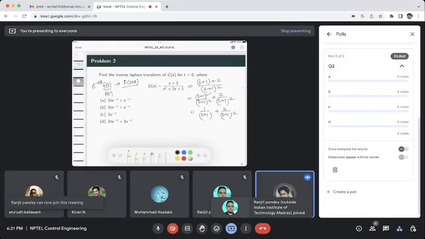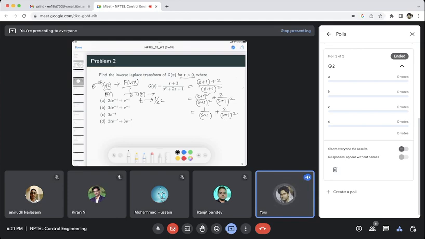Then again you use the Laplace transform property. For t, you know it is 1 by s square, and for u of t, the function starting at the 0 point, since it is given for t greater than 0, instead of u of t you can just use 1 also, because before that it is 0 and after that it is 1. Its transform is 1 by s.